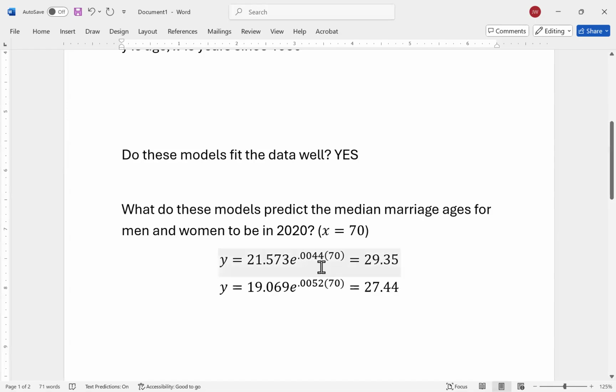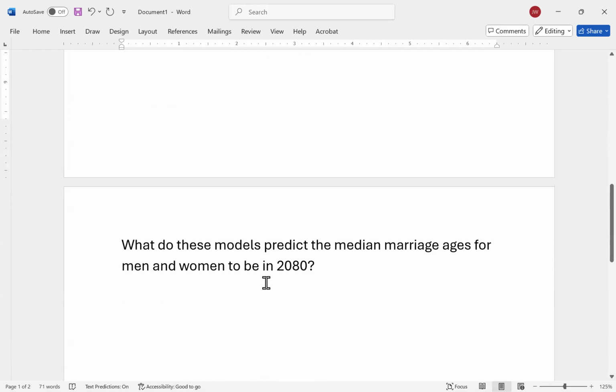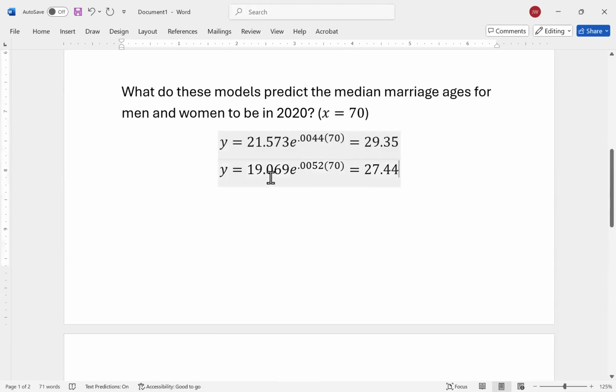We can do the exact same thing for a prediction that's a long ways out. Now, 2020 was a prediction that was actually a data point in our model. If you looked up, this was median ages of first marriages from 1950 to 2024. So you could see how these predictions fit within the model.